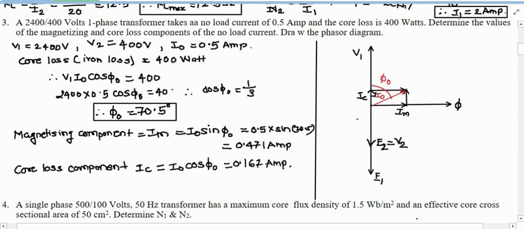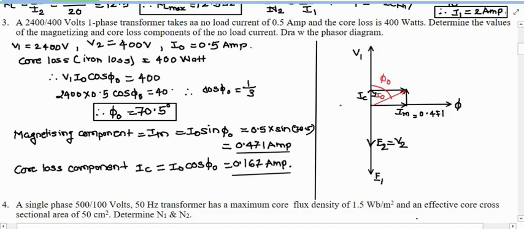Right? So just we have to draw the phasor diagram and give all the values that we got here. So we got this value, and I will write down here what is your Im: 0.471.